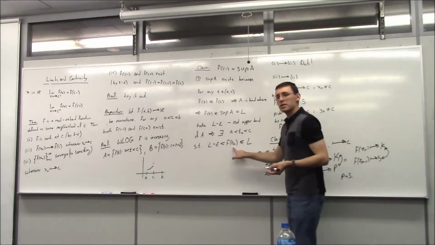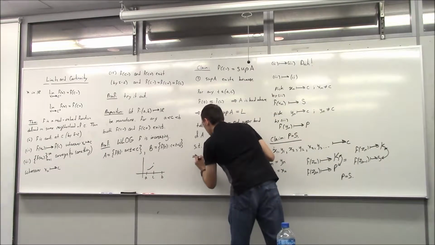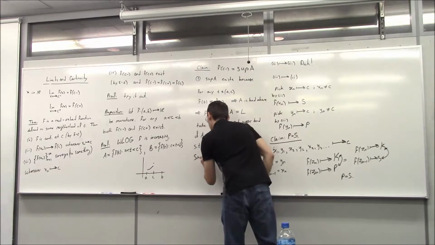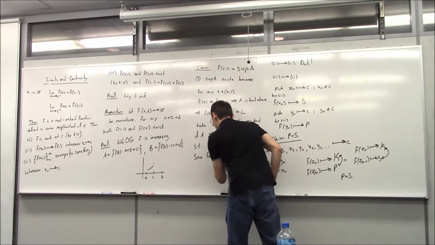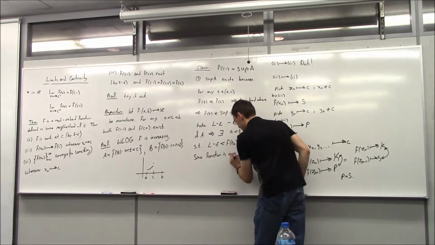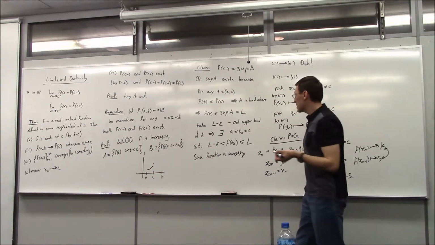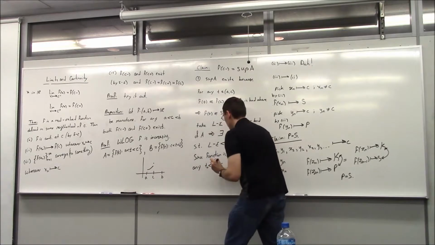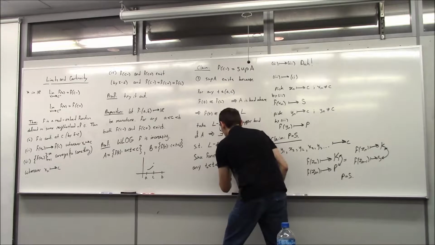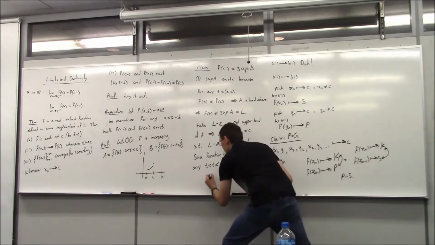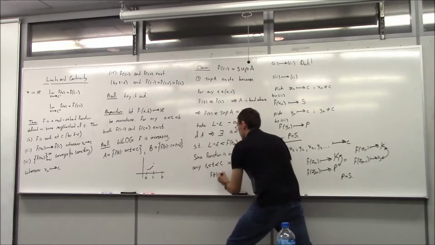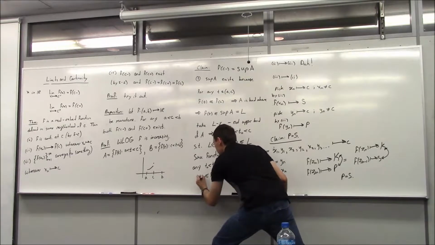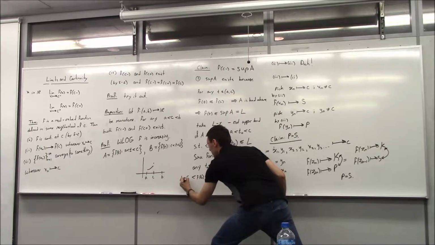But the function is increasing, so for any t bigger than t0 and less than c, f of t will be less than or equal to L and bigger or equal to f of t0, which is bigger than L minus epsilon.